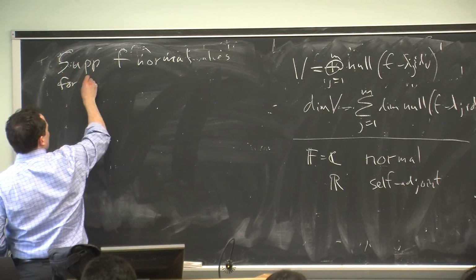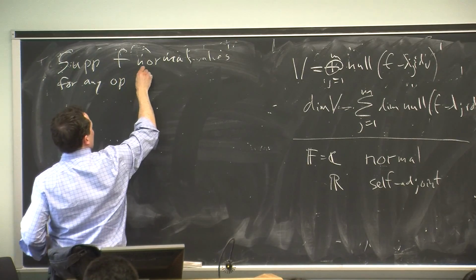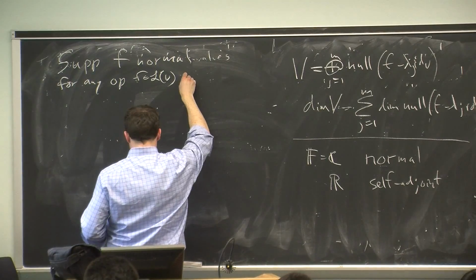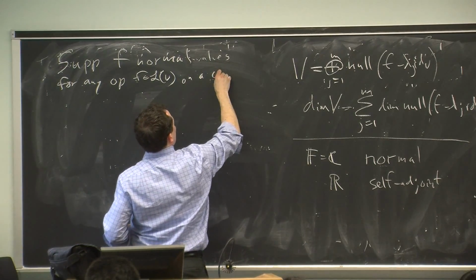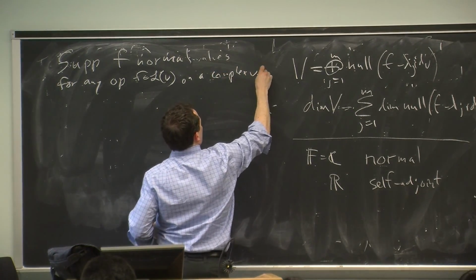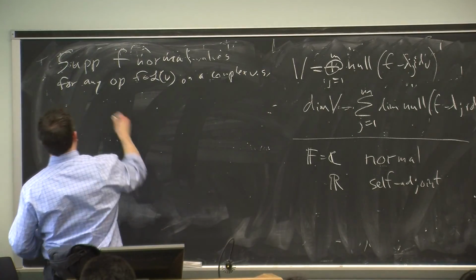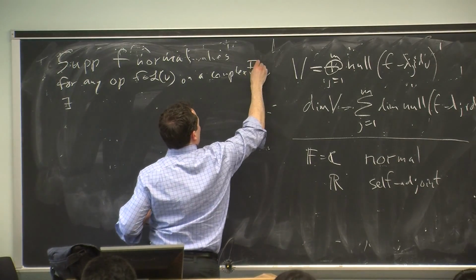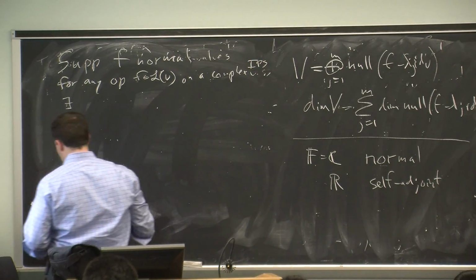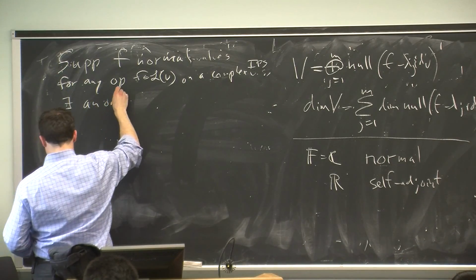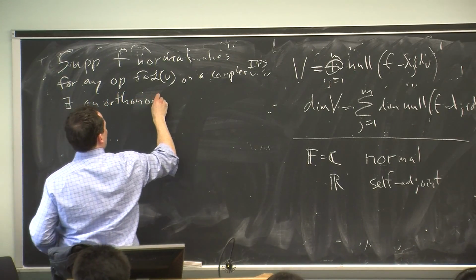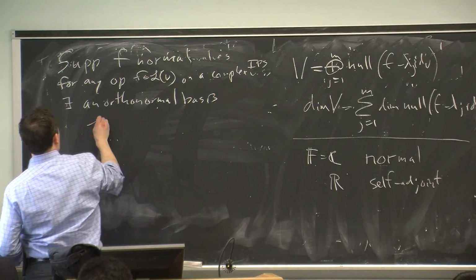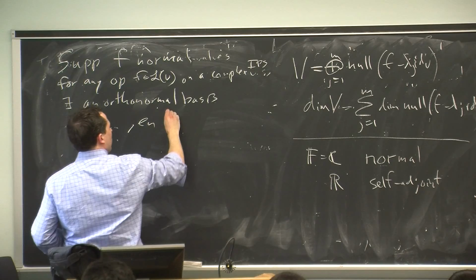For any operator, in particular for F, on a complex vector space, not necessarily even an inner product space, I should say, complex inner product space, there exists an orthonormal basis E1 up to En.